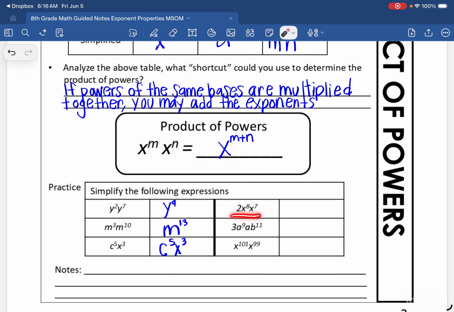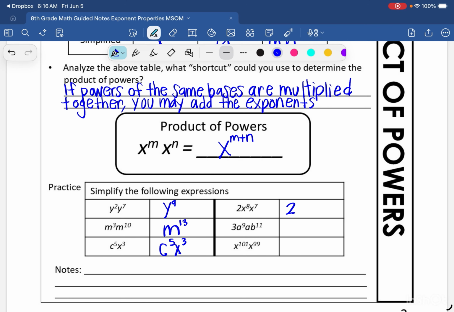2 times x to the 8 times x to the 7, our 2 would stay there. X to the 8 plus 7 would be x to the 15th. 3 times a to the 9th times a times b to the 11th.